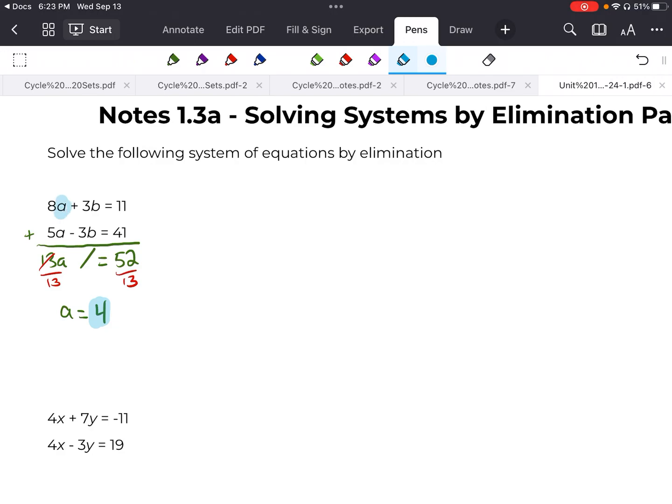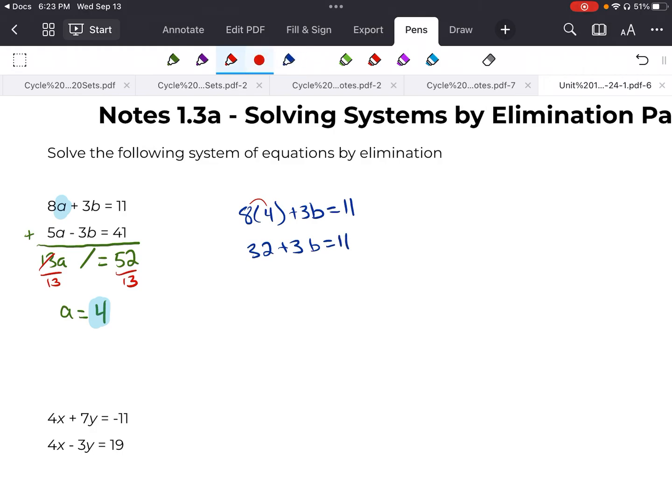Let's just go with the top one here. So we get 8 times 4 plus 3b equals 11. We'll multiply: 32 plus 3b equals 11.